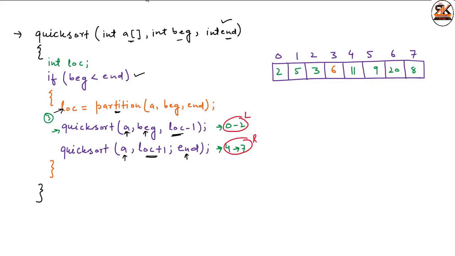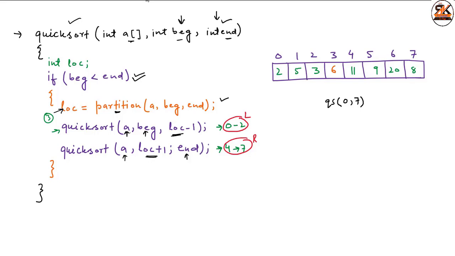Now when this partition function is called for the very first time, before that we had already called the quicksort algorithm in the main function by providing beginning and end as the initial and last index of our unsorted array, and then we check if beginning is less than end, then we proceed. So first the call to this quicksort function goes like this: quicksort from index 0 to 7 in our case.